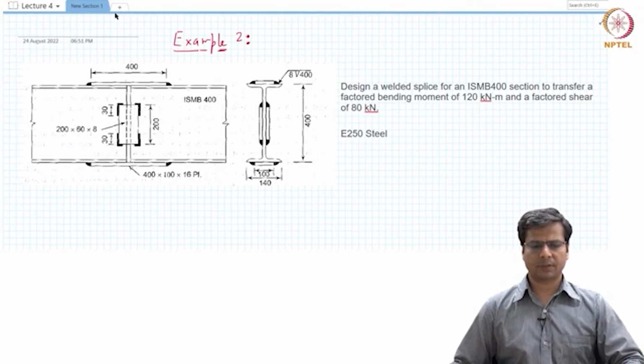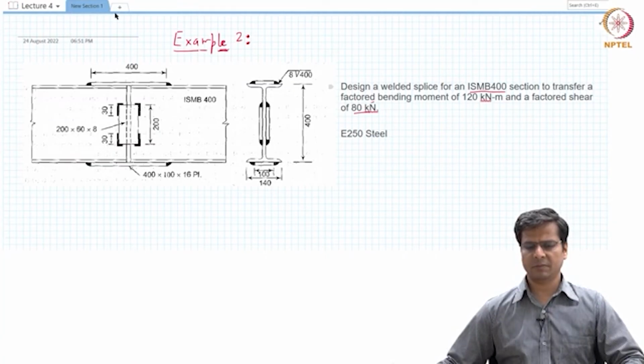In later chapters, later lectures, we will talk about more complex weld designs where the weld groups act to resist different types of loads simultaneously. So here the problem statement is that we need to design a welded splice for an ISMB 400 section, and the requirement is that it should be able to transfer the factored bending moment of 120 kilonewton meter and a factored shear force of 80 kilonewton.